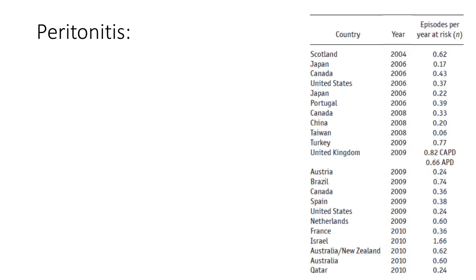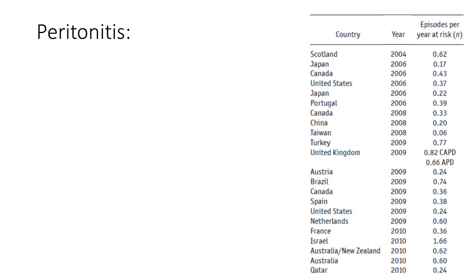What is a good peritonitis rate? So this is an old publication, so the data is more than 10 years old, but I think we can still look at it and just have a think. So United Kingdom, we're in the middle of that table, and we're about 0.7 episodes per year.